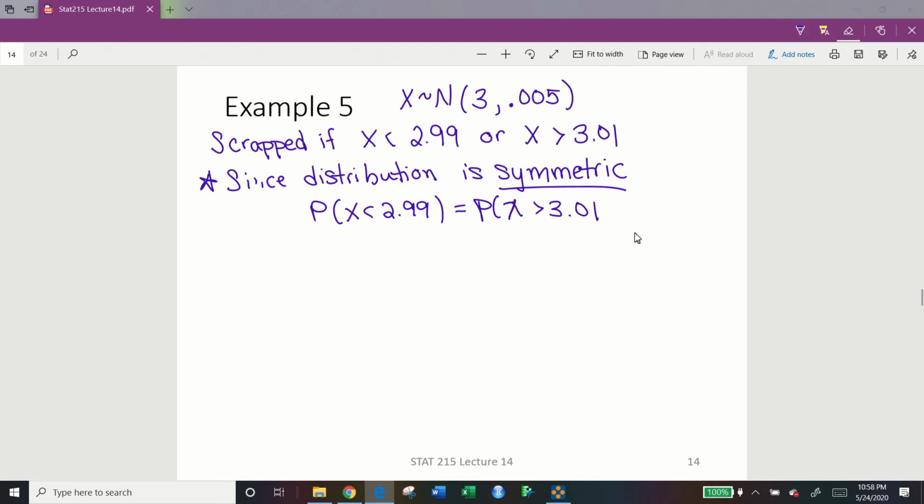And I'm going to rewrite this because I wrote that very sloppy. Which means, luckily for us, we will just need to calculate one z-score, find that probability, and then multiply it by 2.